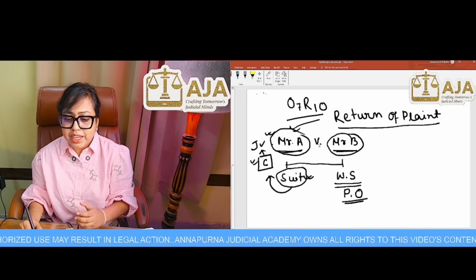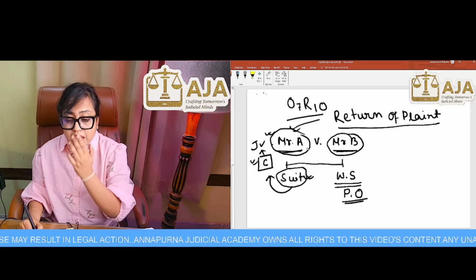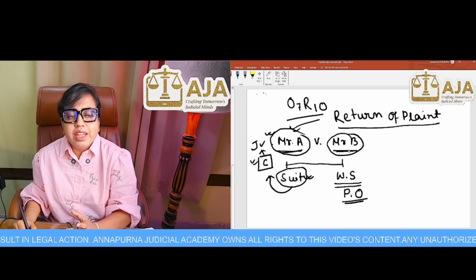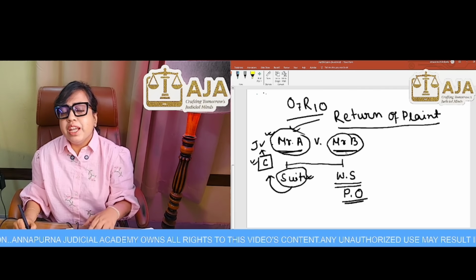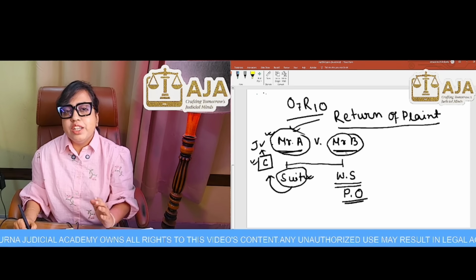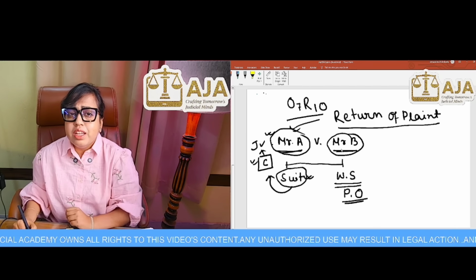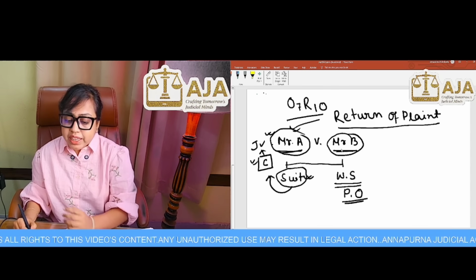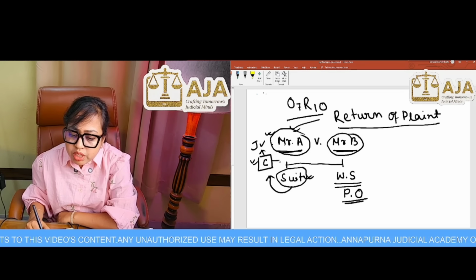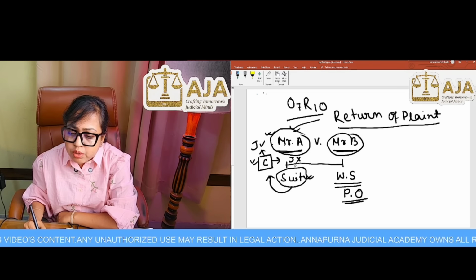But according to Mr. B, this court does not have the jurisdiction.